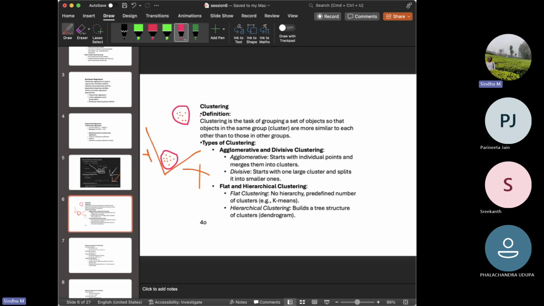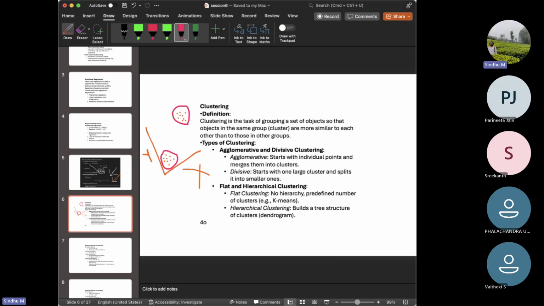There are different types of clustering. The first is agglomerative, meaning that you have individual points. First you get an individual point and then you have to decide whether it's going to cluster 1 or cluster 2. Similarly, for the second point you have to decide. So from individual points you are merging them into clusters. You also have divisive, where you have one large cluster and from there you split them into different clusters.